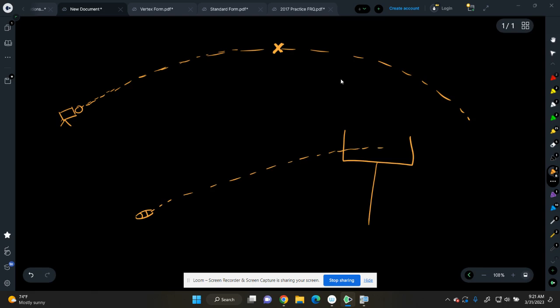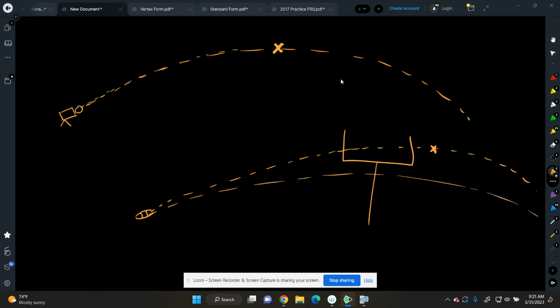It's going to have a parabolic path, okay? I need to know that maximum height because I need to know it's going to clear the crossbars, right? Have you ever seen someone try to kick a field goal and it comes up too low or too short? Clearly that's an issue. So we need to know the maximum height.